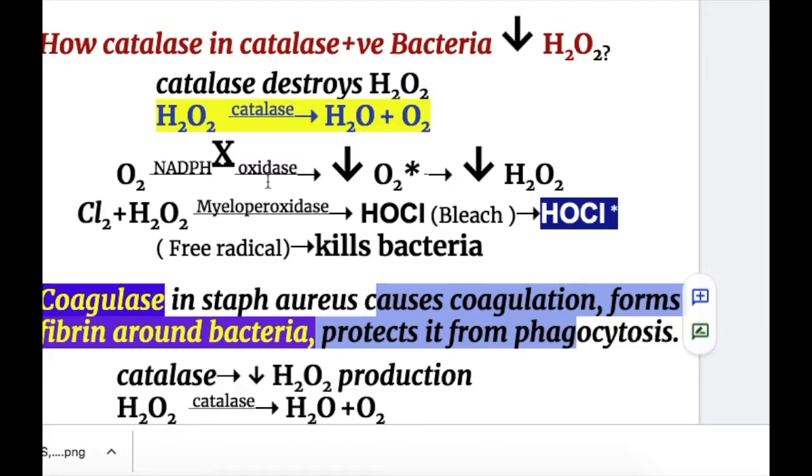So these are the two enzymes. Catalase destroys the H2O2 to form H2O and oxygen. So HOCl is not formed, which kills the bacteria. And number 2, the other enzyme in the Staph aureus, coagulase, that causes coagulation, forms a fibrin around the bacteria and protects it from the phagocytosis.